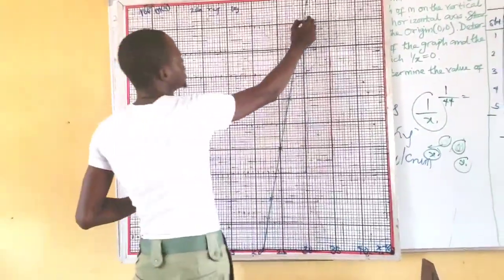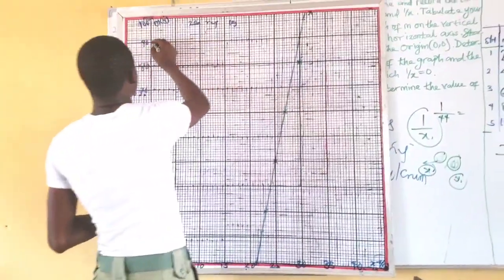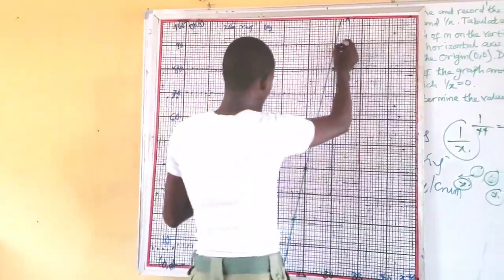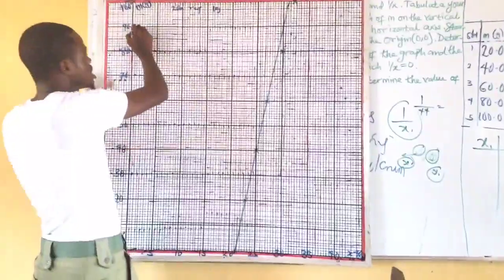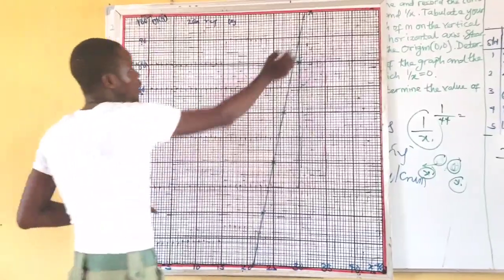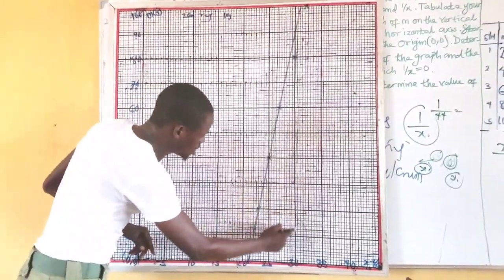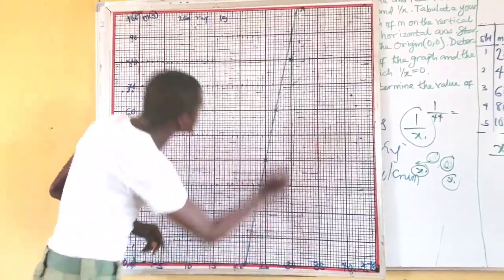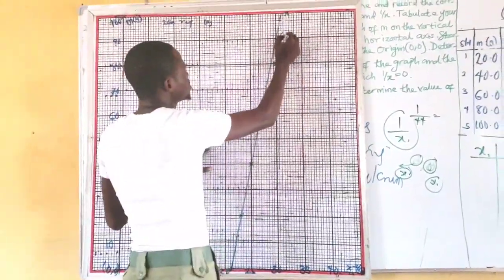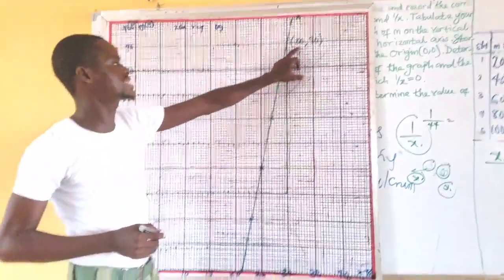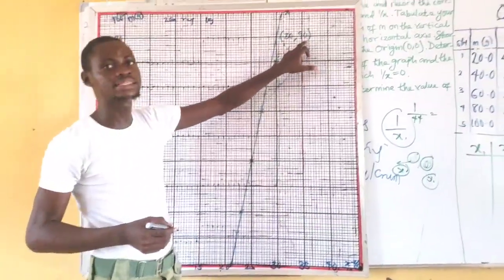Now, if I cross-check like this, the distance of this point from here is 90, which is my x value. So the distance from here to here is 90. Sorry, this is my y value. While the distance from here to here, if I trace it downward, is 30. So here should be 30, 90. That is my x is 30, while my y is 90.